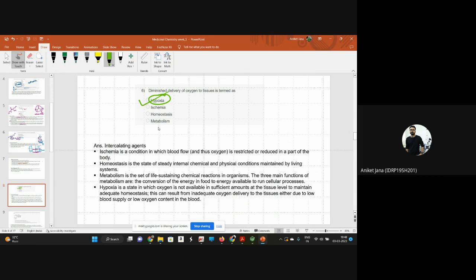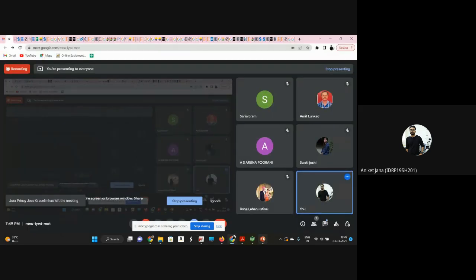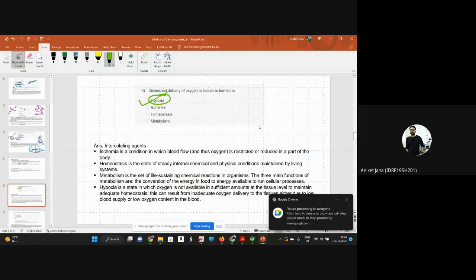What does ischemia mean? When the blood supply to some part or tissue is restricted. Yes, absolutely right.